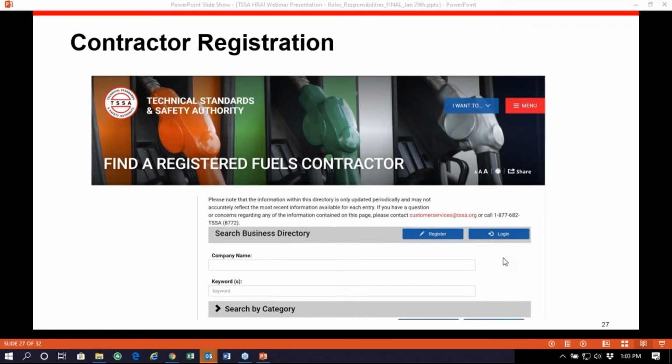I'd like to add right here that we're very much interested in people who are not registered and using non-certified people to do work. Absolutely, we take those very seriously.